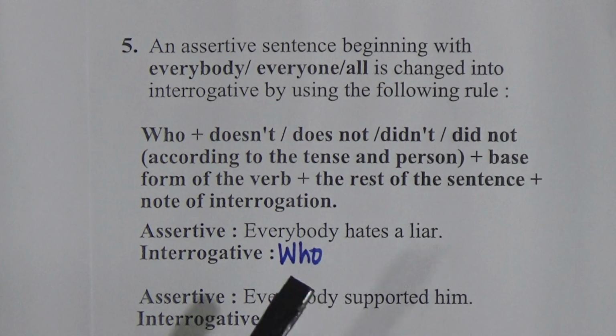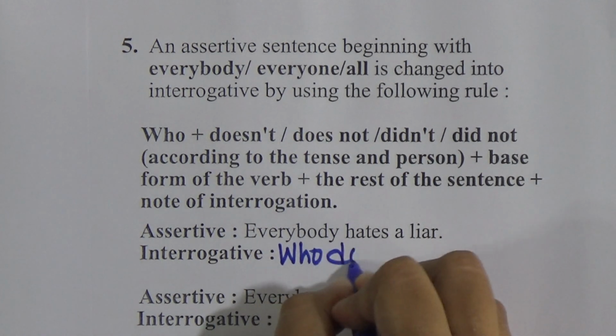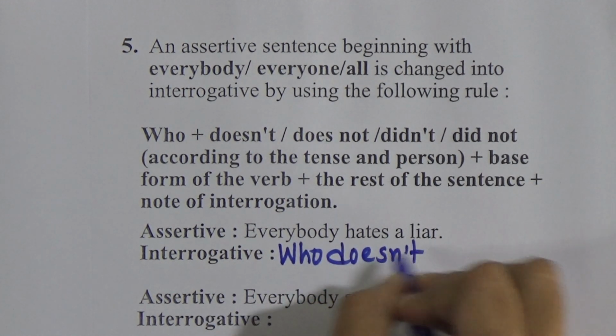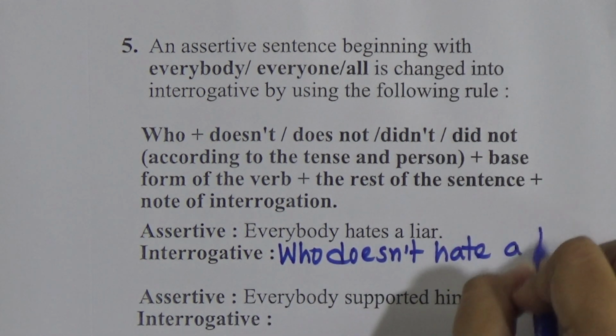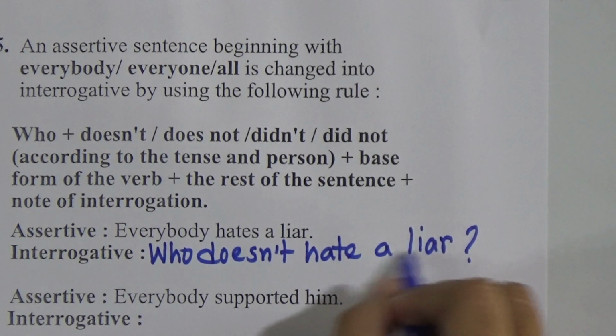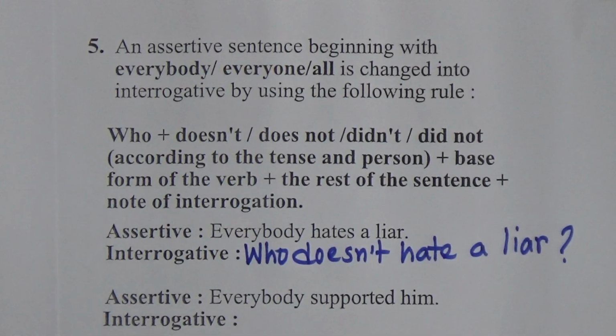So we can write here does not or doesn't. So who, okay, I am writing the short form. Who doesn't, then the base form of the verb, who doesn't hate a liar. Then the rest, after hate, the rest part of the sentence, a liar, then the note of interrogation.